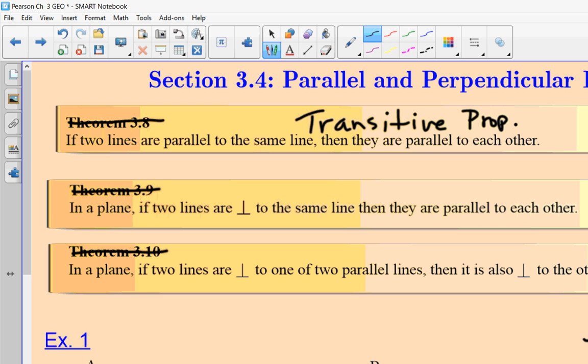So let's go ahead and draw line A and line B and line C and a line D. Okay, so this one gets kind of confusing. Let me make this a little bit bigger here too.